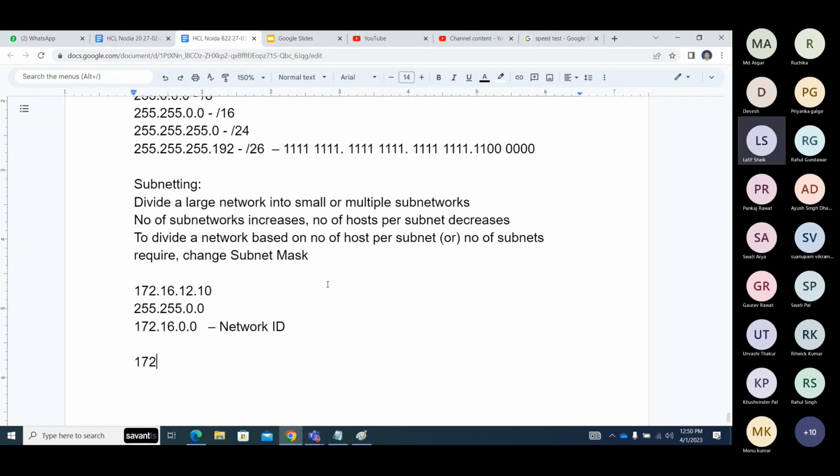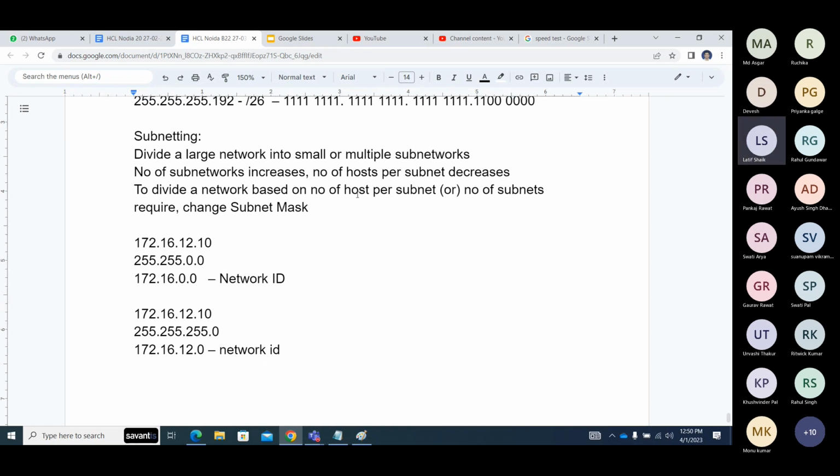In case I change my subnet mask, the network ID is 172.16.12.0. Try to convert everything.